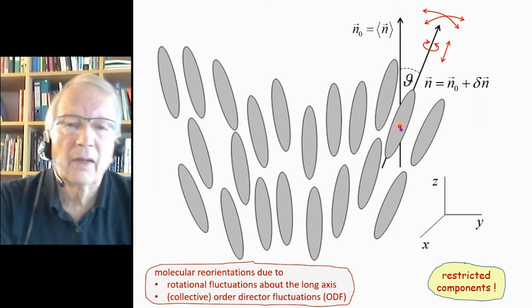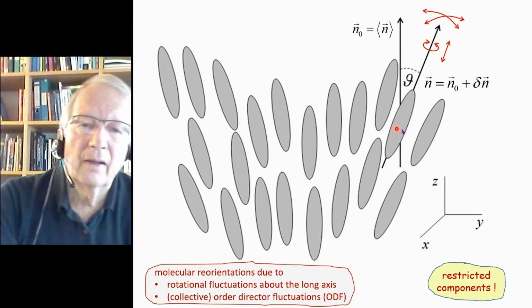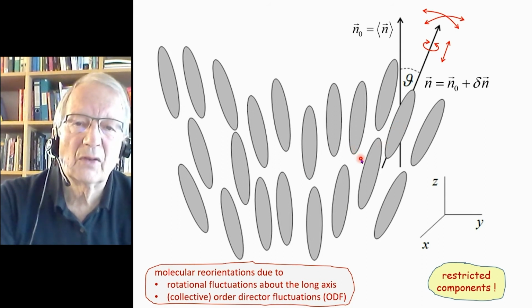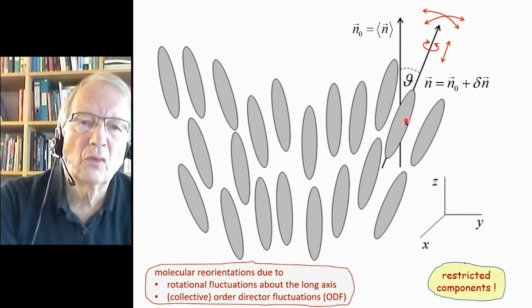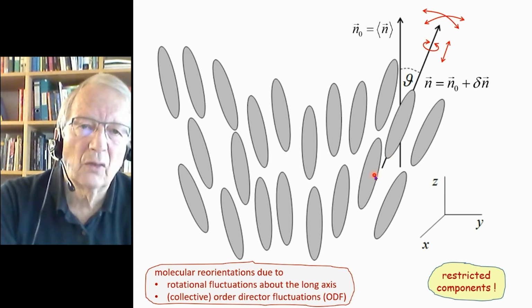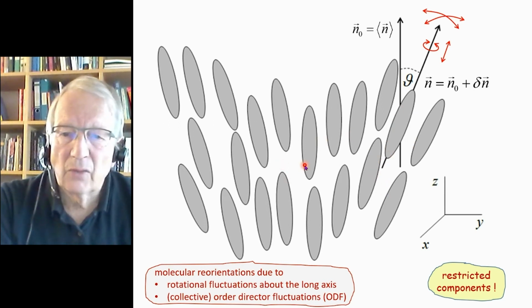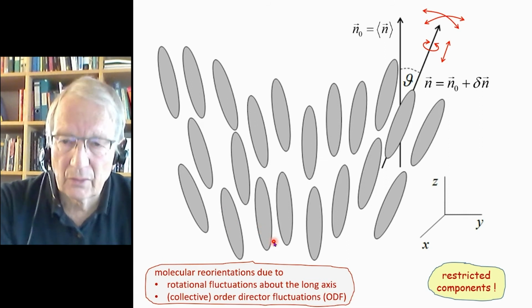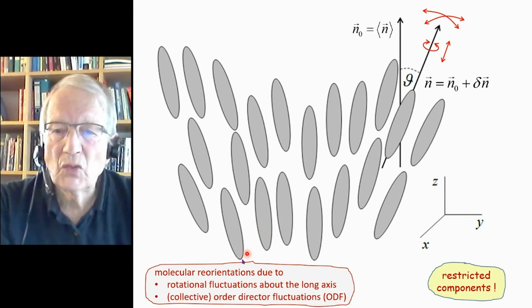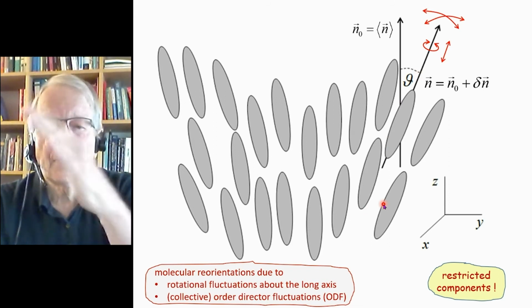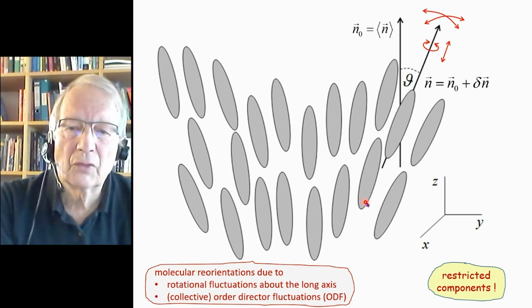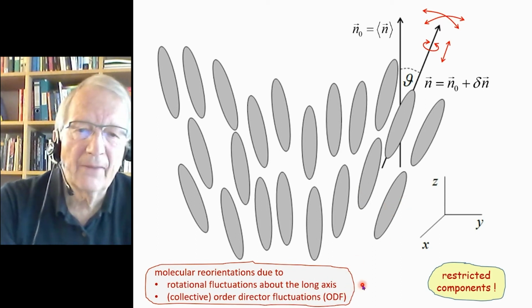This director can fluctuate as a consequence of the collective reorientations, and molecules can rotate about their long axis and can diffuse along this axis as well. So we have molecular reorientations due to rotational fluctuations about the long axis and due to collective reorientations called order director fluctuations, ODF.